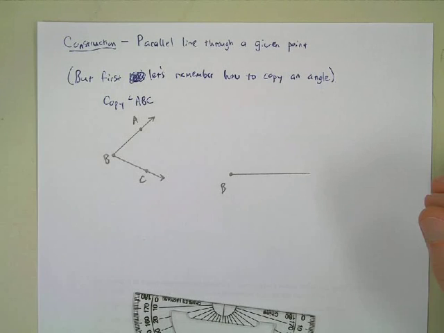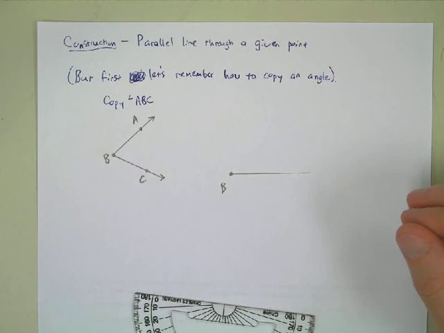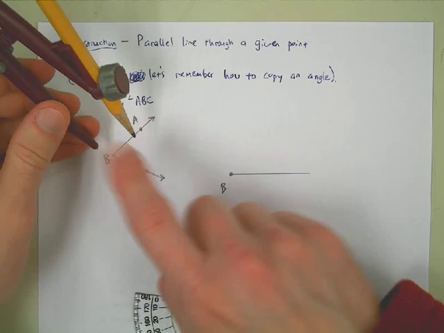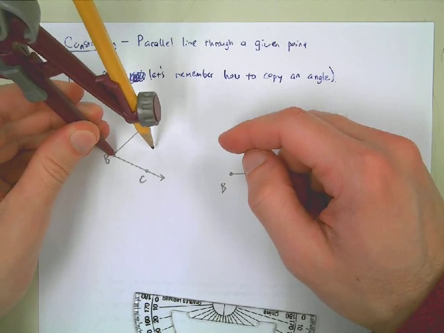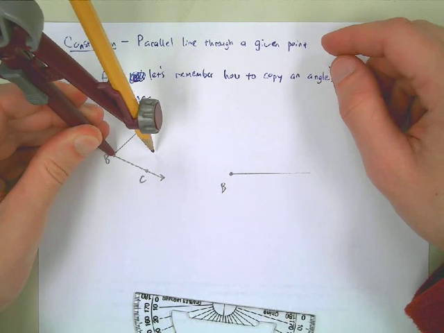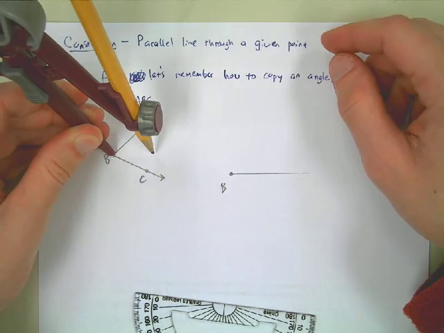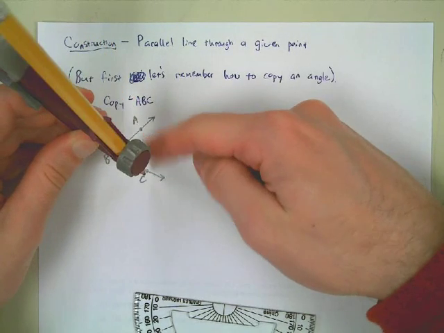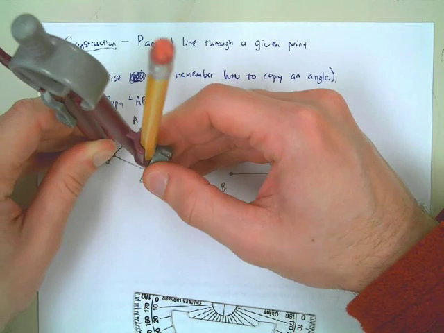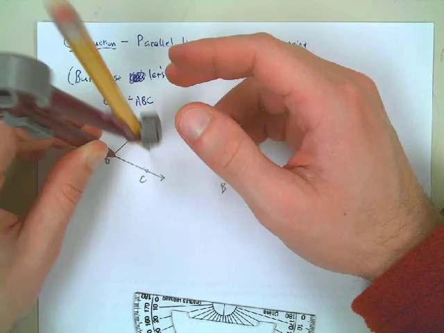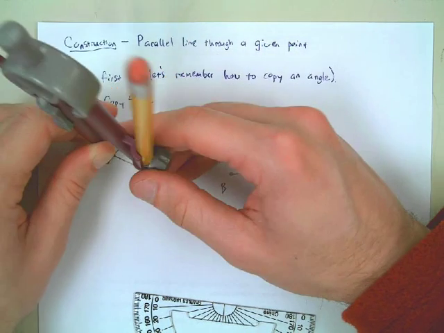So we're going to start the copying by putting our compass on the vertex. This point A and C, these points, they don't really matter. So you don't need to measure your compass so that your pencil opens exactly up to point C or point A. In fact, I'm going to do it without even touching those two. I'm going to just draw an arc that hits both sides of my angle. Very similar to how we start the angle bisector construction, right? That's the same first step.